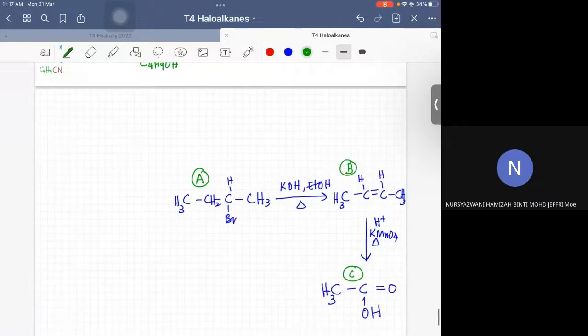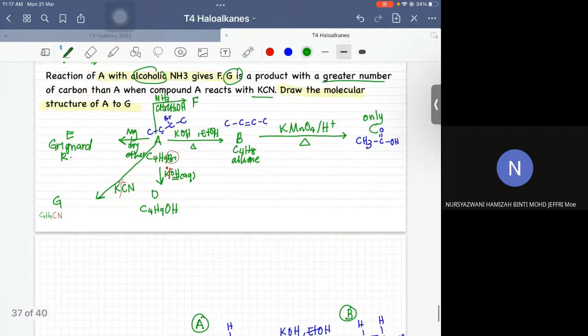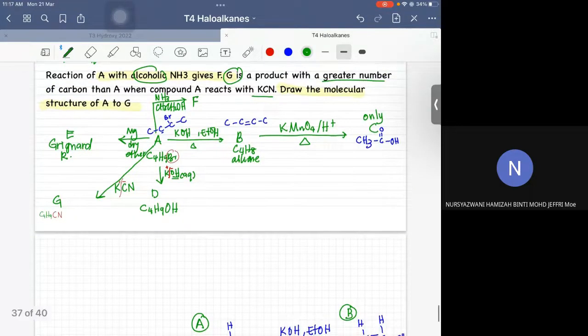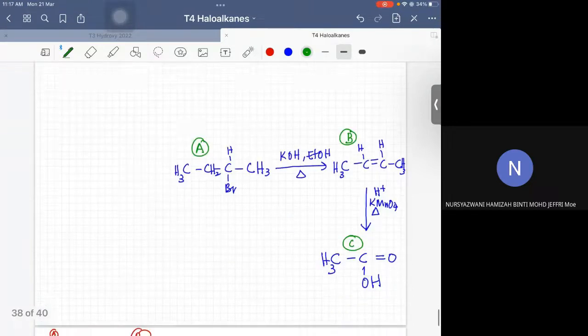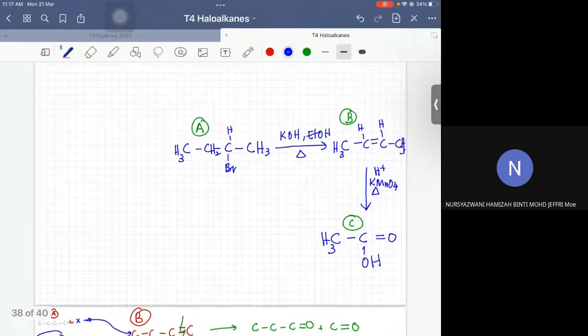Selepas tu barulah kita sambung dengan yang lain. A menjadi D, iaitu bila dia react dengan KOH, aqueous, dapat D. Lepas tu dia react dengan siapa lagi?